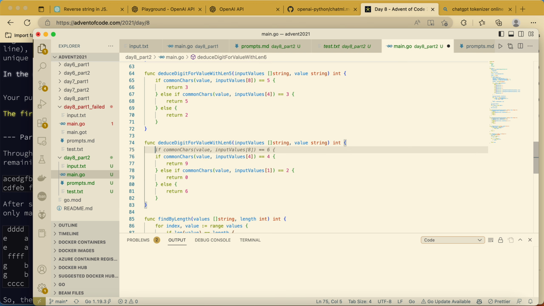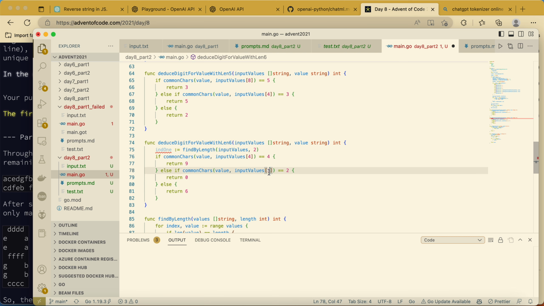Okay, let's see if that's the case. Here I want to get index 1, but my length needs to be 2.